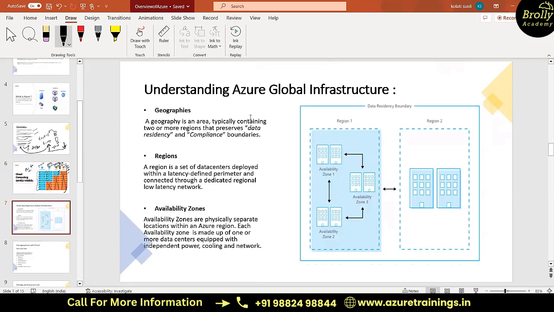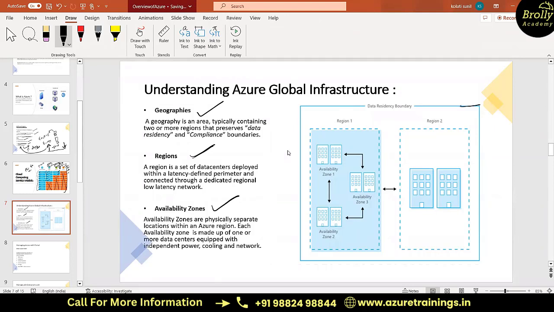And coming to understanding Azure Global Infrastructure, we need to understand how it works. The first thing that comes under it is geographies. Under geographies, we have regions. Under regions, we have availability zones. Think of this square box as the geography.